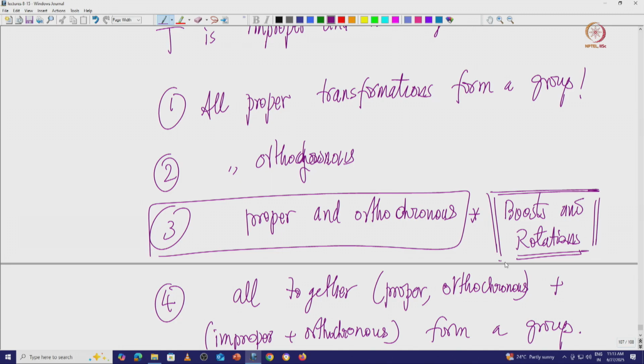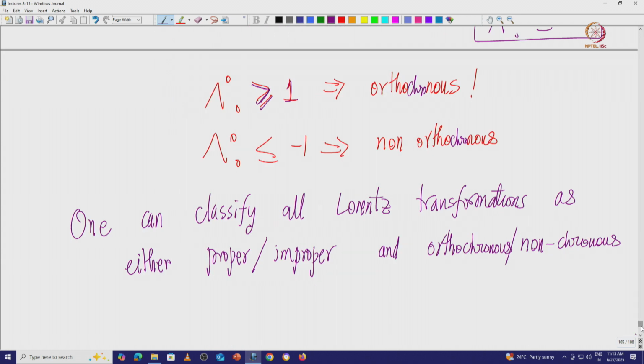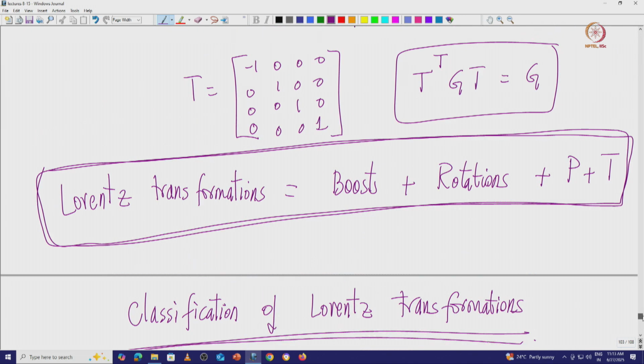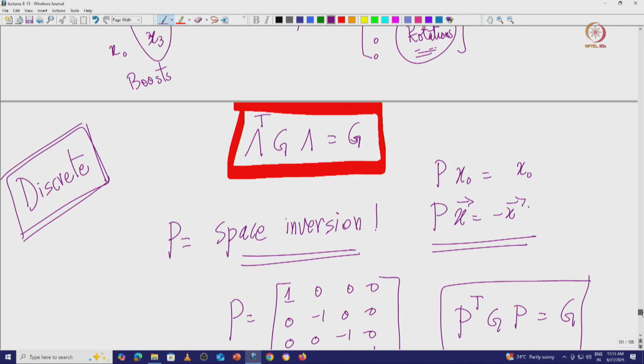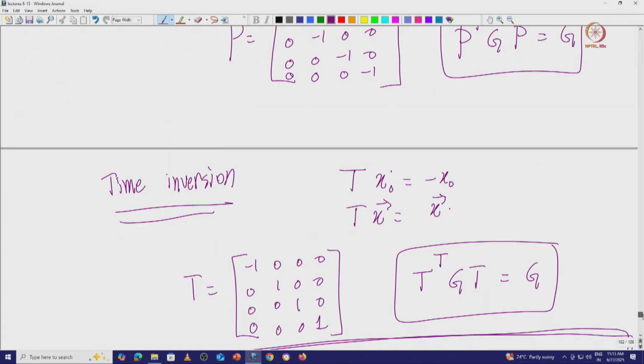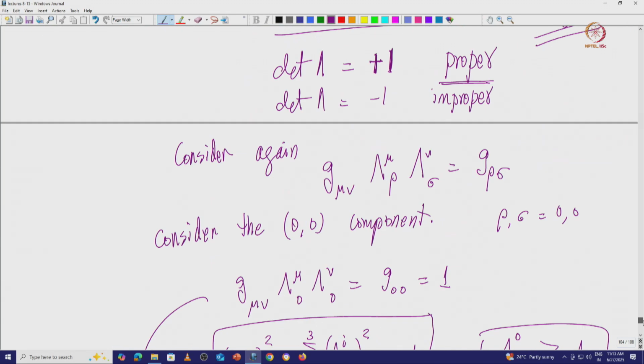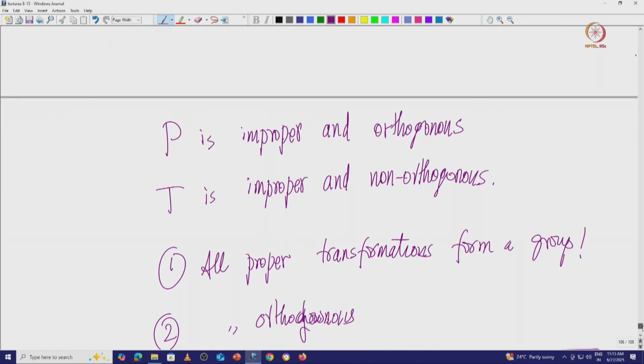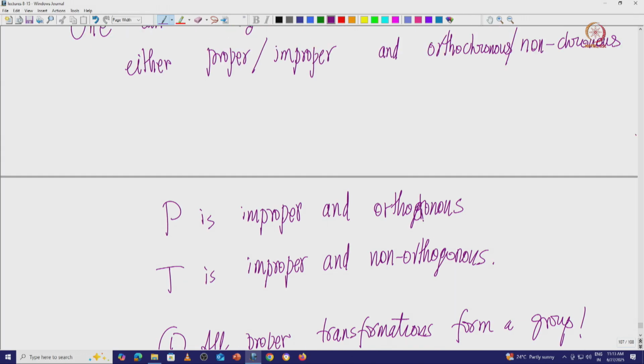But this is not true for all the other transformations of the Lorentz group, because other Lorentz transformations are parity, P, space inversion, and time inversion. Essentially, as we have seen, the P transformation is improper and orthochronous, and T is improper and non-orthochronous.